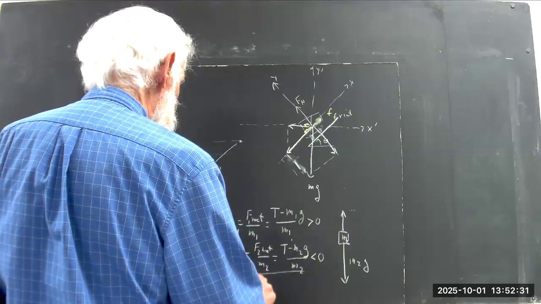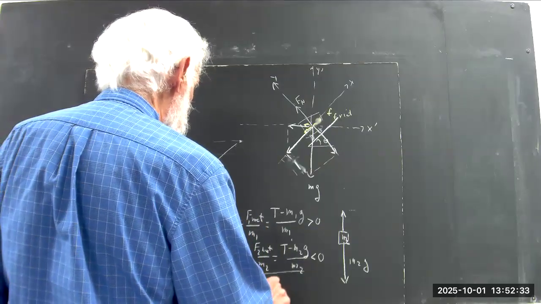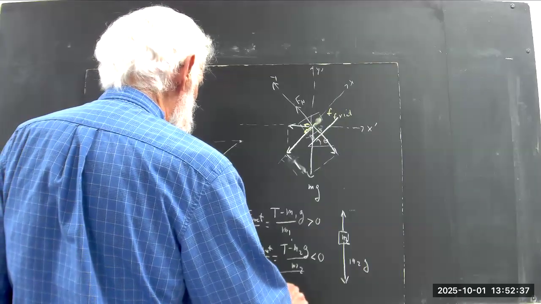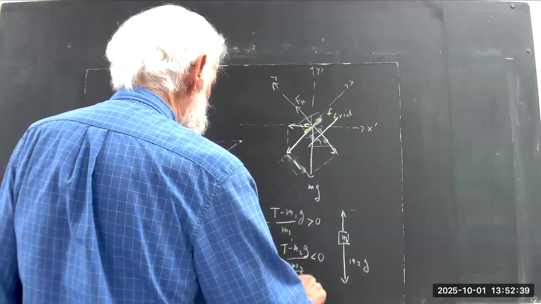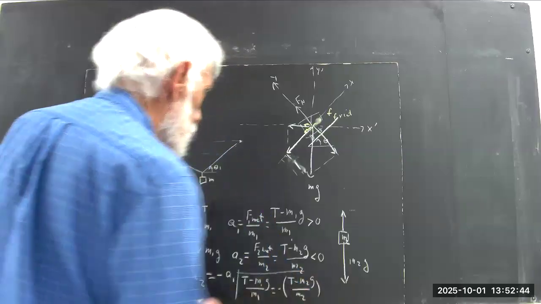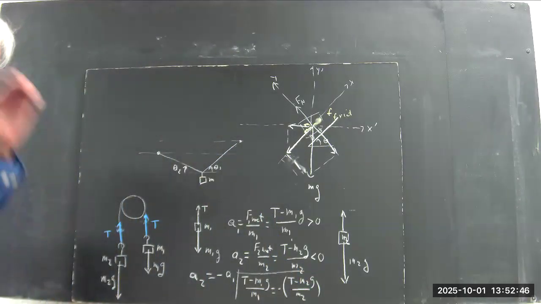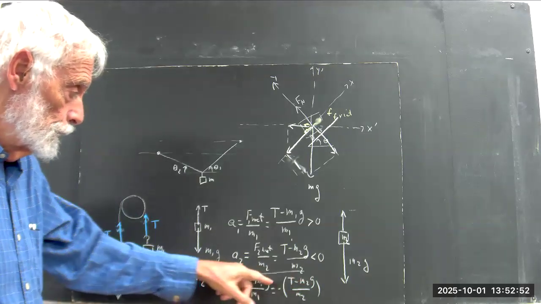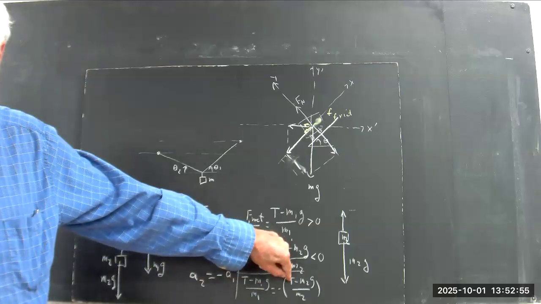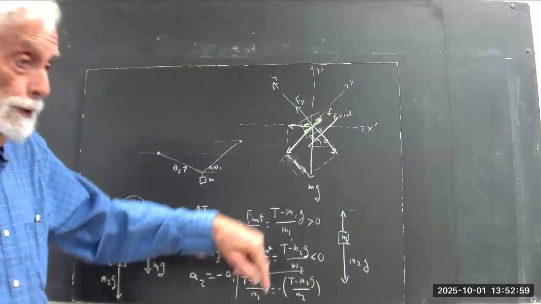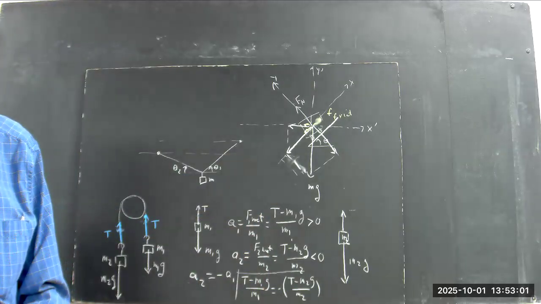And we get the equation T minus M1G over M1 is equal to the negative of T minus M2G over M2. Since we know M1 and M2 and G, we can solve for T. Solving for T, we can calculate the two accelerations.